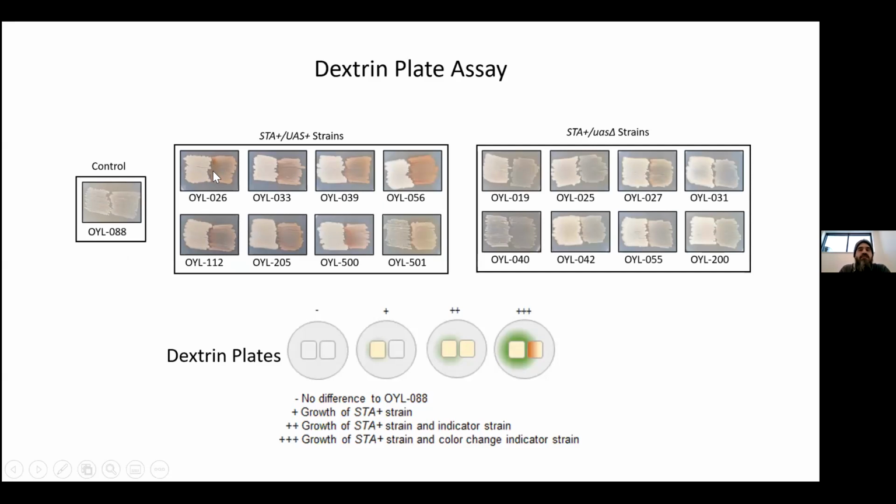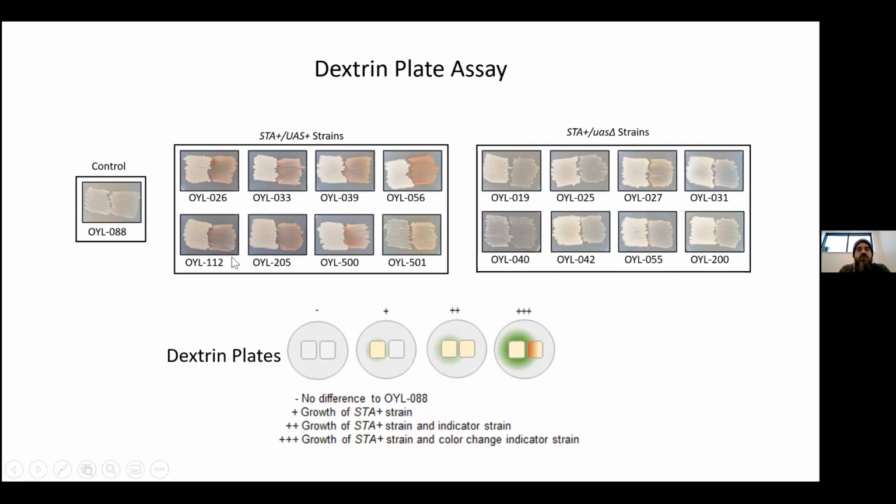But when you plate this indicator strain next to these strains that have the UAS intact, so they're highly diastatic, you start to see robust pink growth here. It's because this yeast is pumping out a lot of glucoamylase. It's breaking down starches and providing sugars to the colonies next to it.